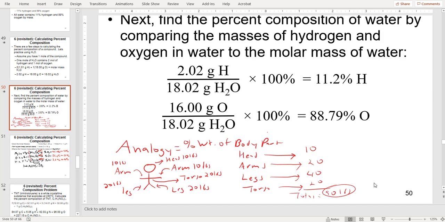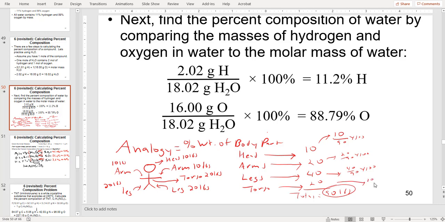Now we're going to figure out the percentage of weight for each of these body parts. So we take the individual one body part, like the head. We go 10 divided by 90 times 100. 20 divided by 90 for the arms times 100. Again, we're going to add together the total arm amount. We're not distinguishing between the left and right arm. Total amount for the legs times 100.